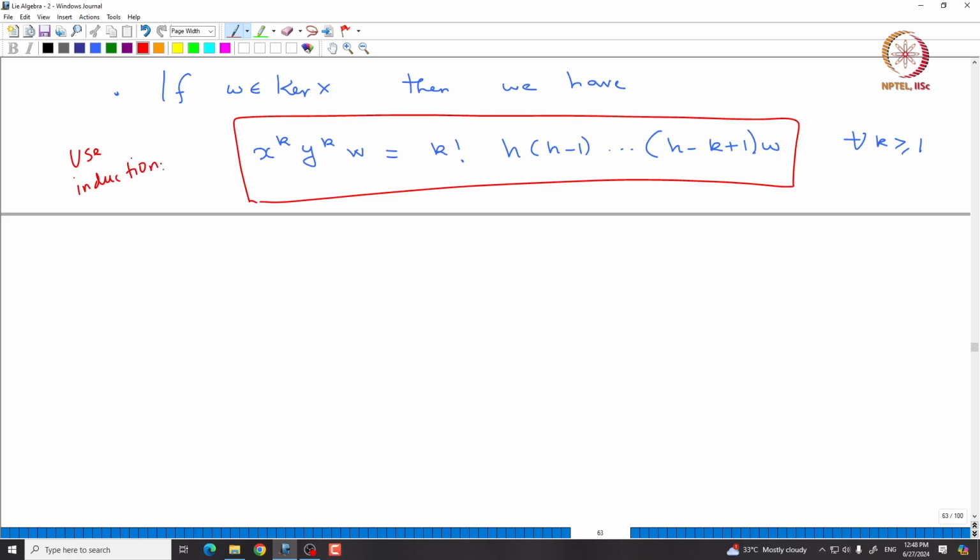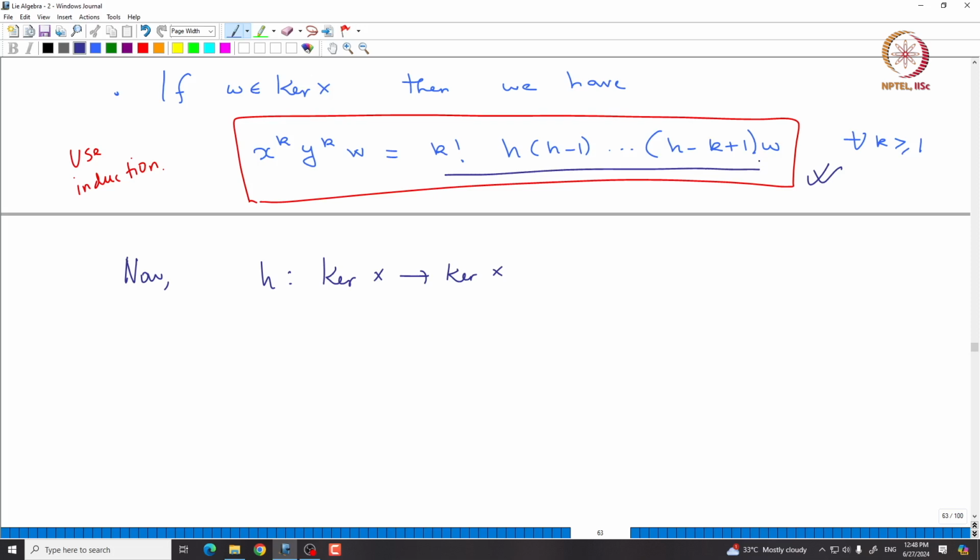So how can one use this to immediately get that H is indeed a diagonalizable operator? Go back to our operator H, which is defined from kernel X to kernel X. This formula tells you that X power k Y power k w is given by this.